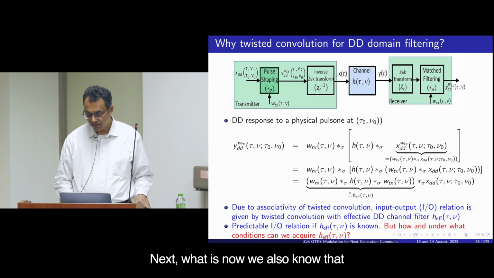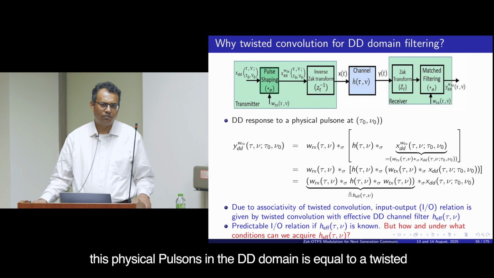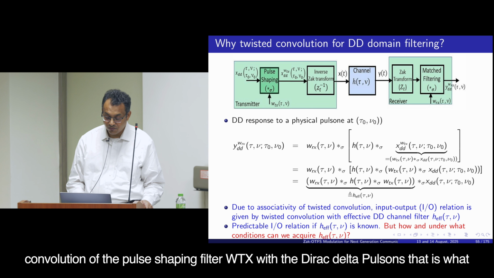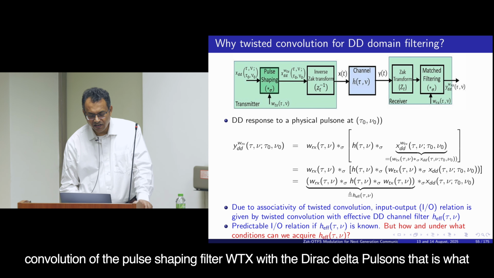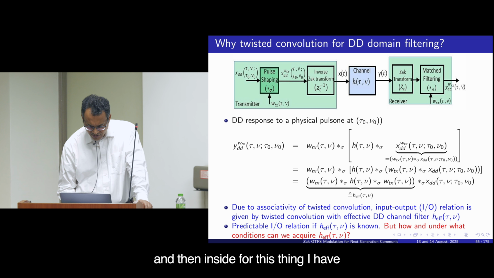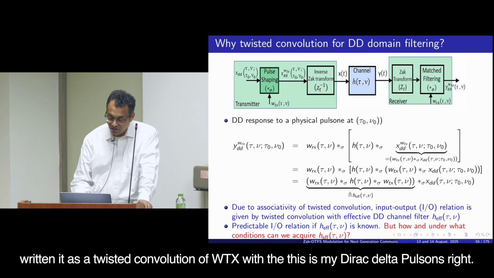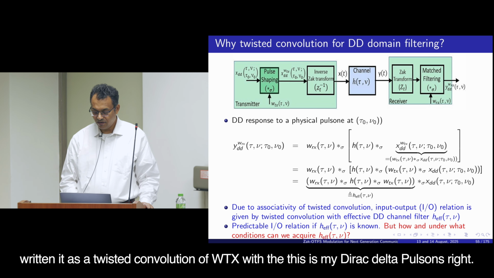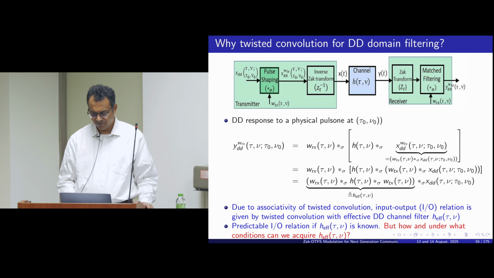Next, we also know that this physical pulson in the DD domain is equal to a twisted convolution of the pulse shaping filter WTX with the Dirac delta pulson. That is what I have written here. Inside the square bracket I have written it as a twisted convolution of WTX with this Dirac delta pulson.